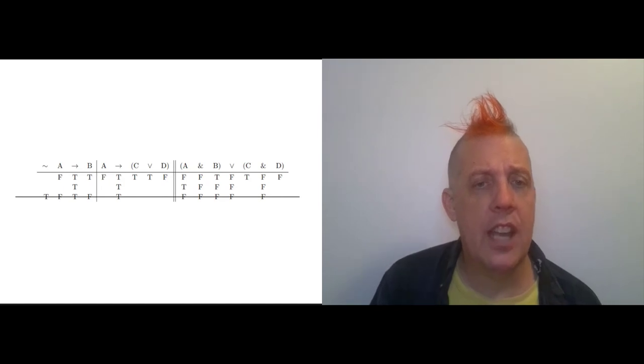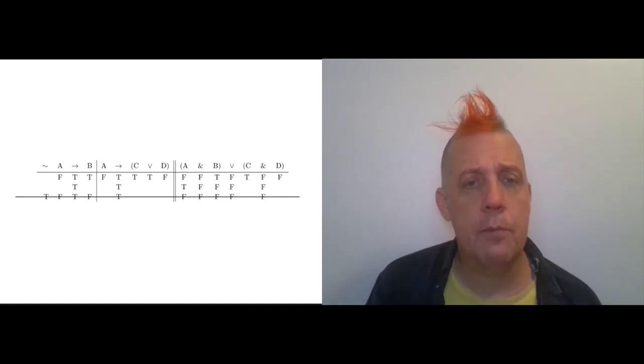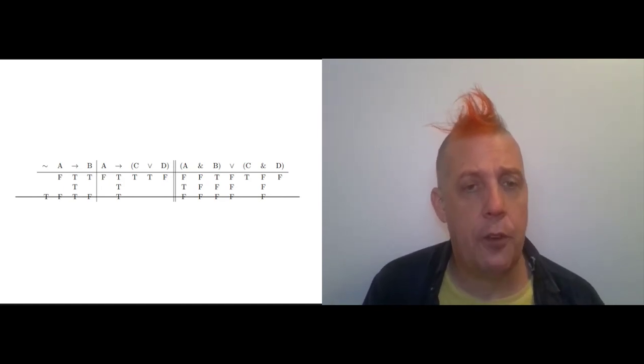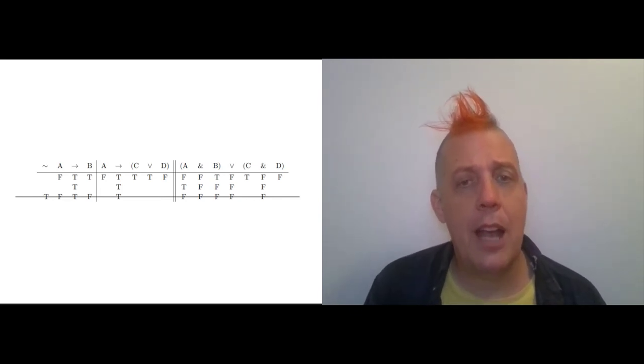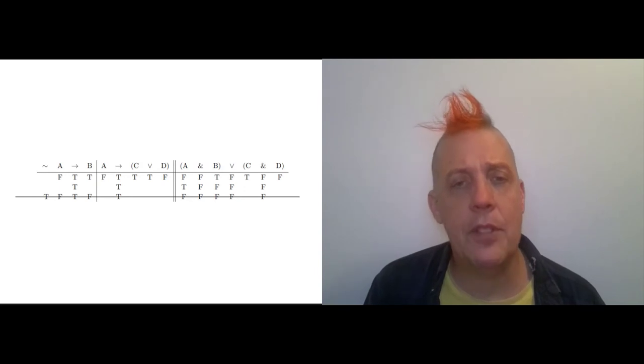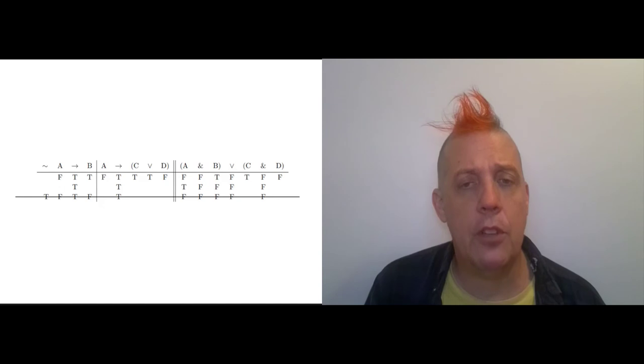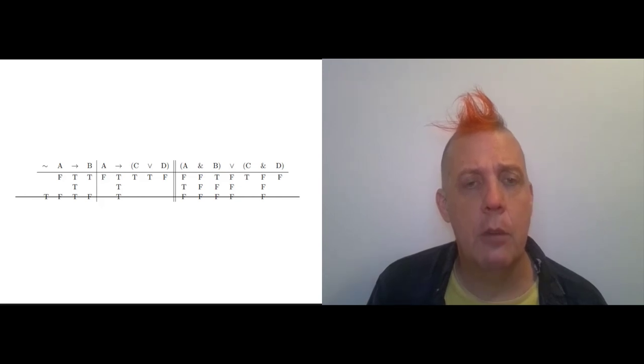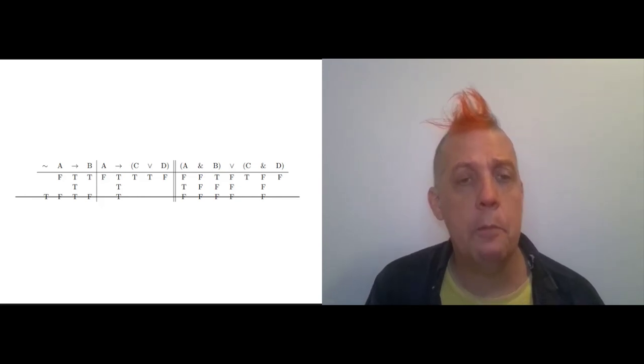I'm sorry, C is true and D is false. That's all we need to do. And then that matches what happens in the second half of the conclusion with C and D being false there. And then I forgot to put in the T under the first negation, but that works as well.